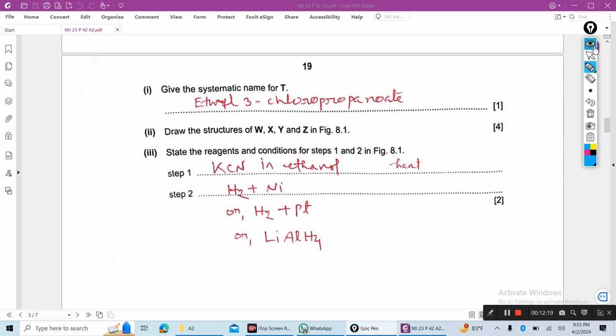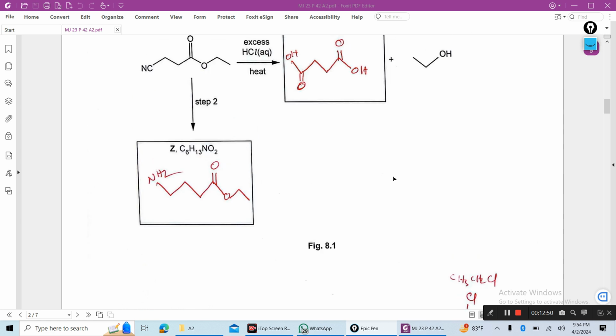You see number 3, state the reagents and condition for step 1: potassium cyanide in ethanol, and you can write heat. Step 2, hydrogen plus nickel, or you can write hydrogen with platinum, or you can write lithium aluminum hydride. Lithium aluminum hydride is a reduction reaction.